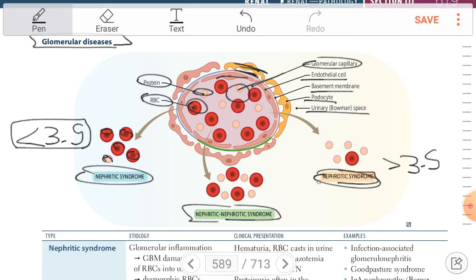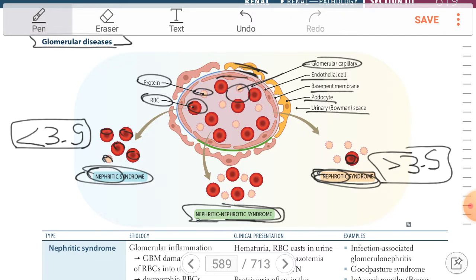Then in nephrotic syndrome, there is less RBCs, but there is more protein, more loss of protein, more than 3.5 gram per day. So the protein in nephritic syndrome is less than 3.5, the protein in nephrotic syndrome more than 3.5.